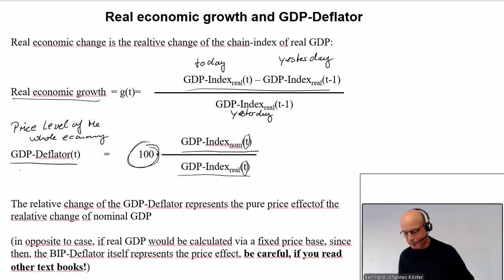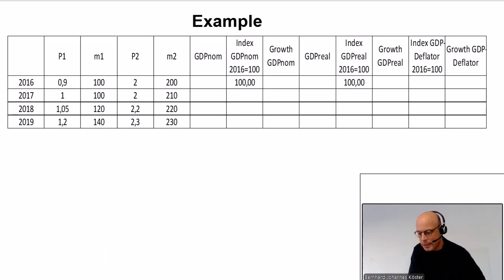Okay, that's it. And now we go to a little example. And here we want just to calculate nominal growth, real growth, and then also the development of our prices in a very simple example, so that we just have a look at an economy of two sectors or two goods.